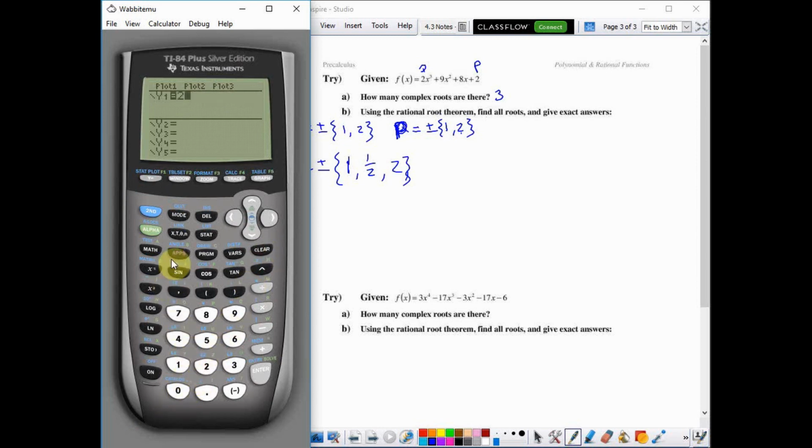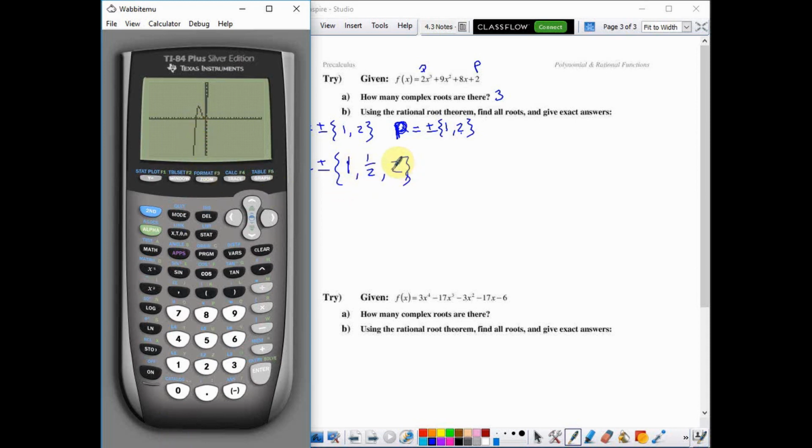So we type in 2x cubed plus 9x squared plus 8x plus 2. Okay, so this one over here looks like somewhere close to -3, and I don't have anything quite like that.